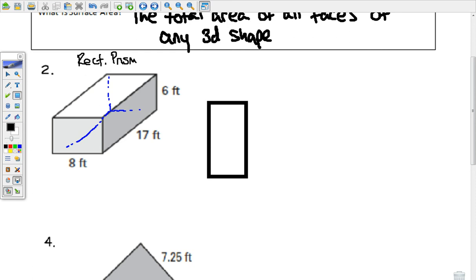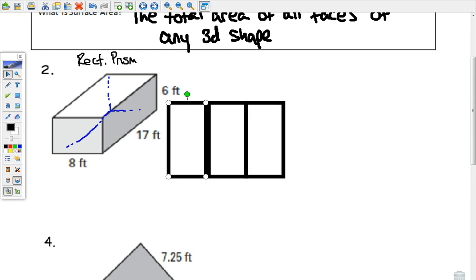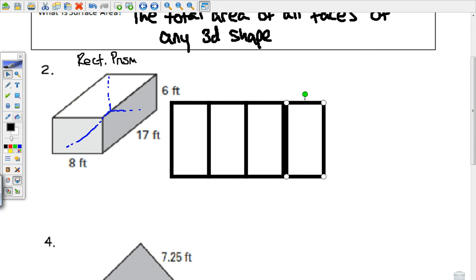Alright, so I can kind of cheat a little bit. If you want to use rulers, you're certainly welcome to. So if we have a couple different sides here, remember there's different ways to make your nets. You don't have to have it exactly the same as mine.